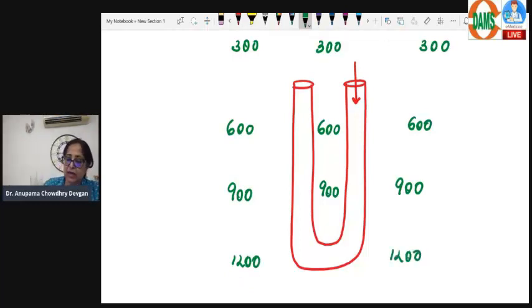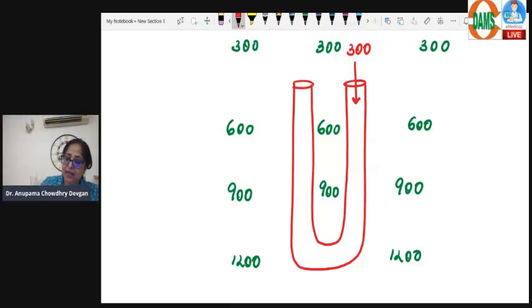Now, the blood which comes into the descending limb of Vasa recta has an osmolality of 300 because it is coming from the cortex. As it moves into the descending limb, the surrounding osmolality is increasing. And remember, the limbs of Vasa recta are freely permeable to solutes and water.